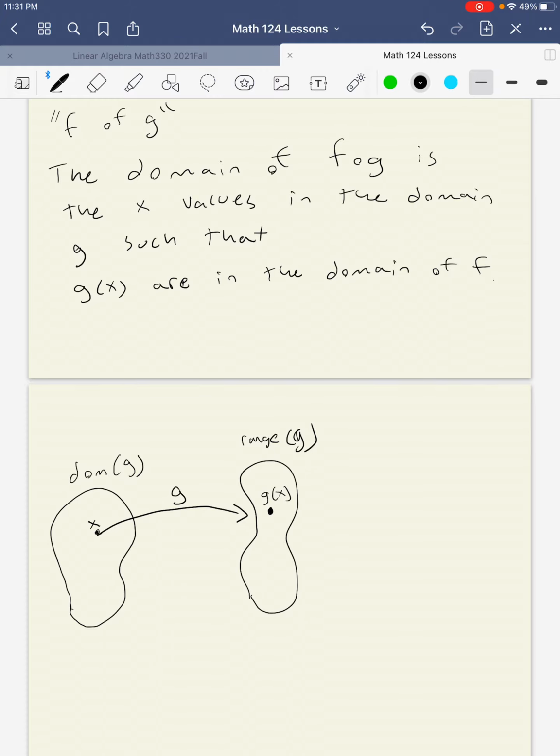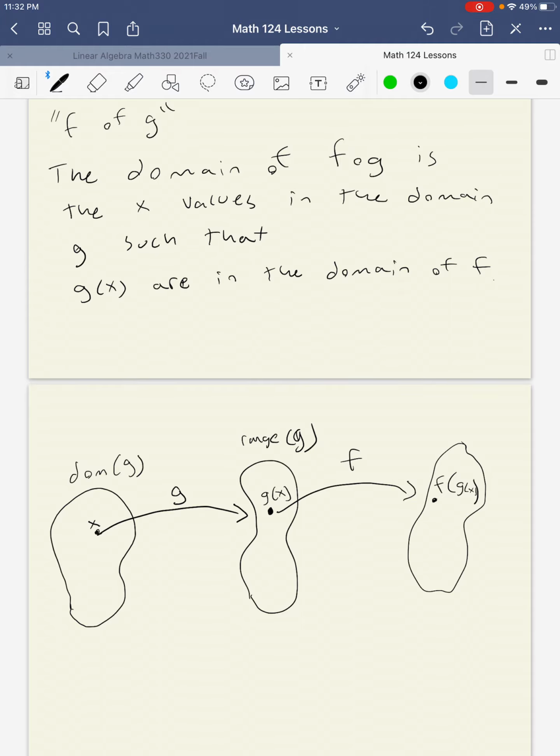Okay, but now what if we want to plug the outputs of g into another function? So we take this value, g of x, and we plug that value into another function called f, right? And then the outputs of that we can represent by this blob. So it will spit out a value f of g of x.